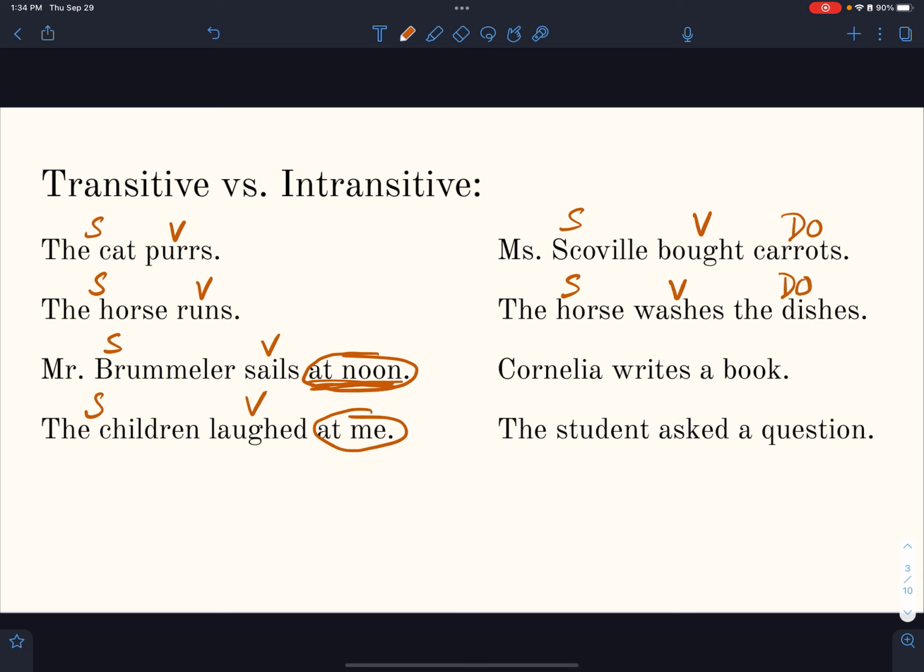Good. Okay, nice. All right, now: Cornelia writes a book, and the student asked a question. Are those both examples of transitive verbs? Yes. Okay, is the markup going to be SVDO for both of those? Yes. So let's go ahead and just do that.